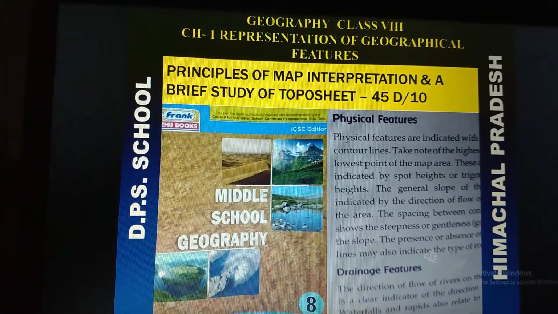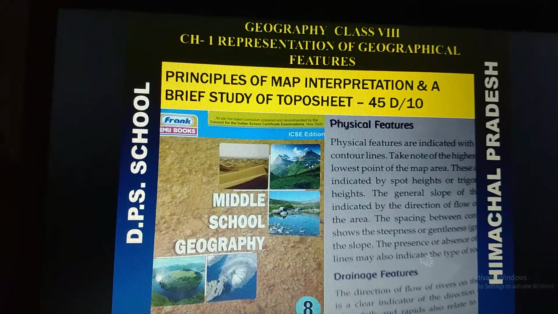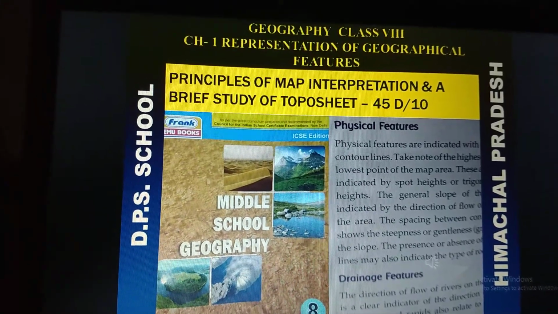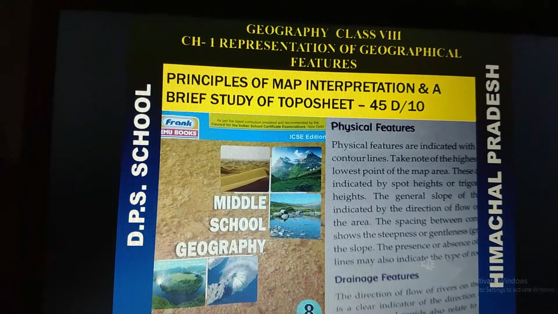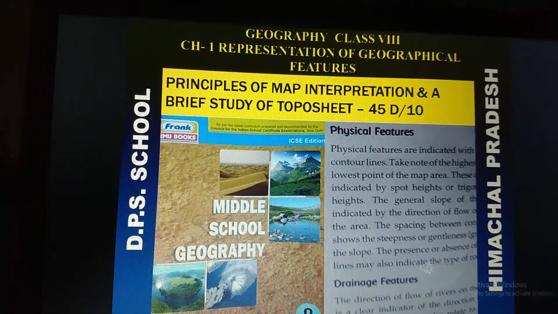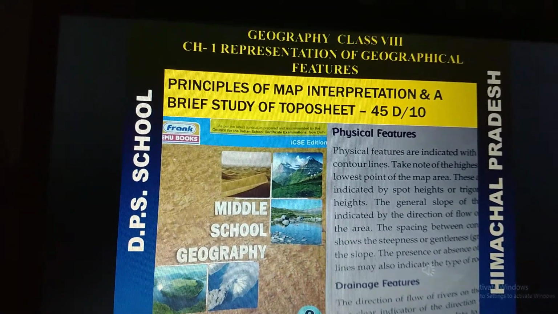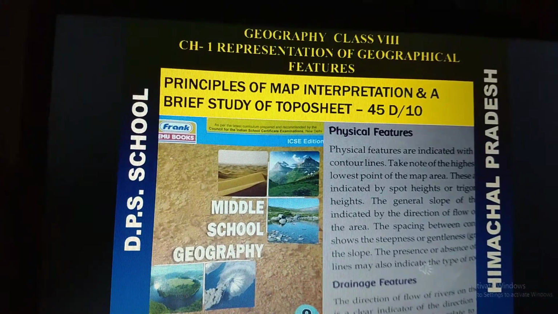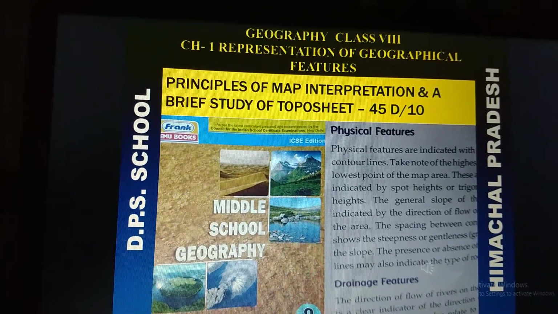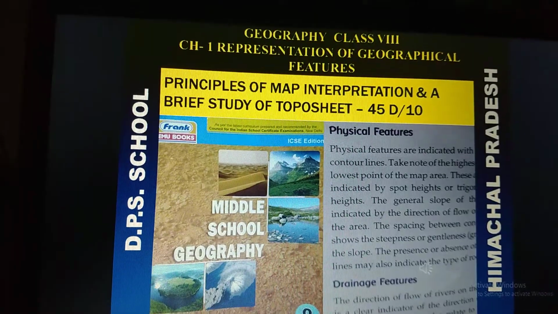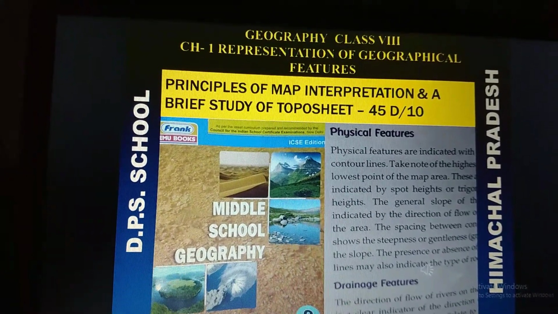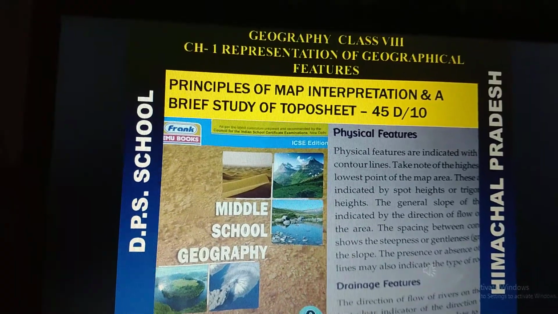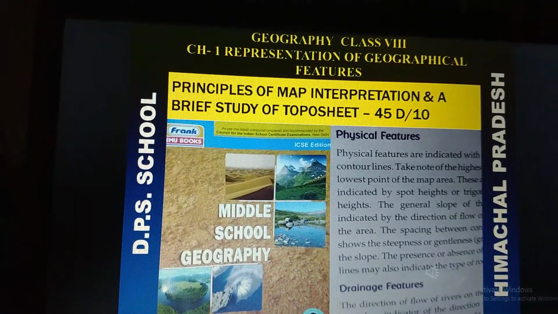The objective of map interpretation is to bring out a relationship between the various features shown on the map. For example, the relationship between relief and drainage, relief and forested area, relief and land use, drainage and the settlement patterns.